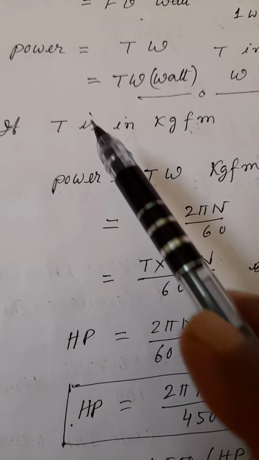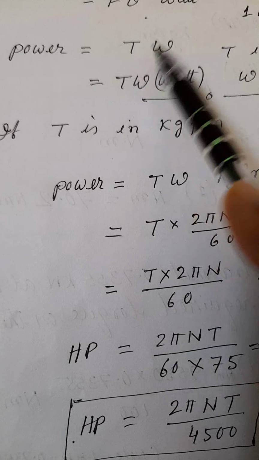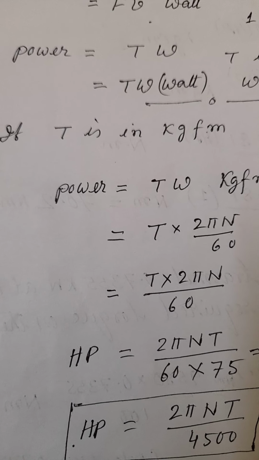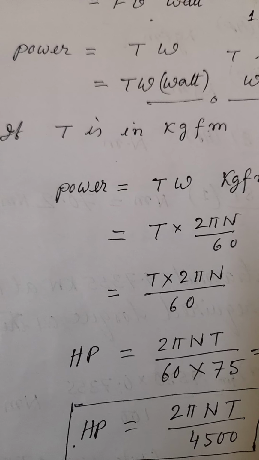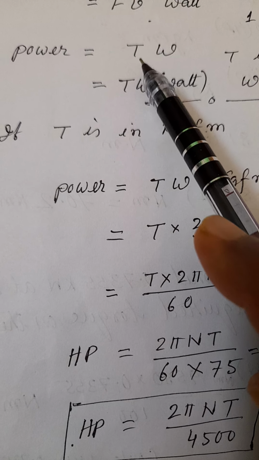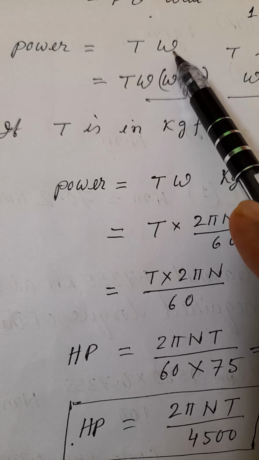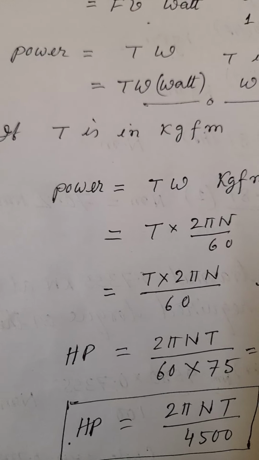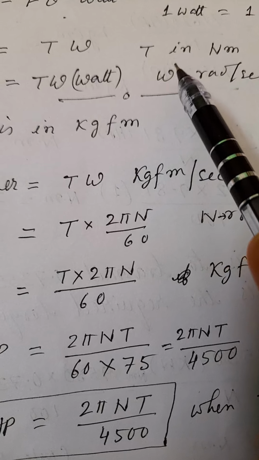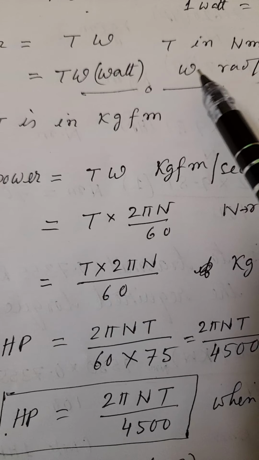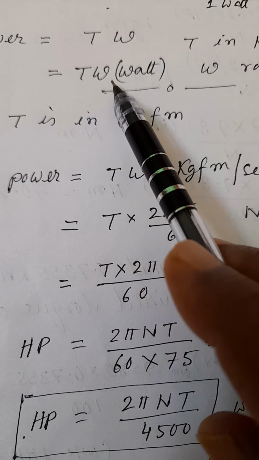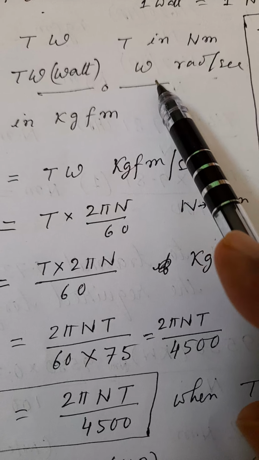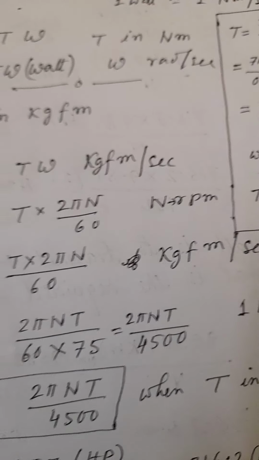Now if the angular velocity is there, then power can be calculated with the force replaced by torque and velocity V replaced by angular velocity. So T omega. If you take T in Newton meter, then it will be T omega watt. Omega is the radian per second.